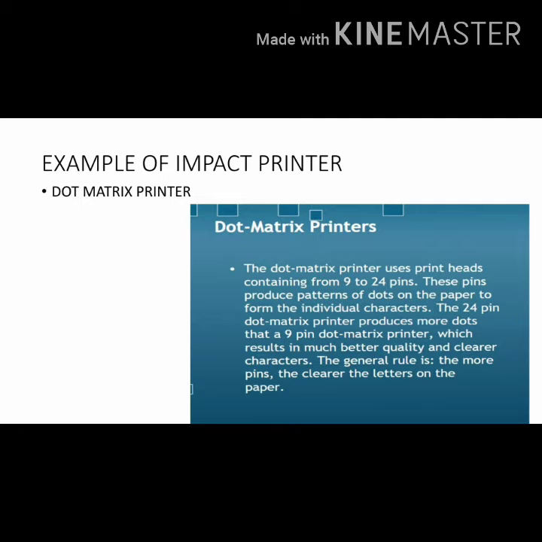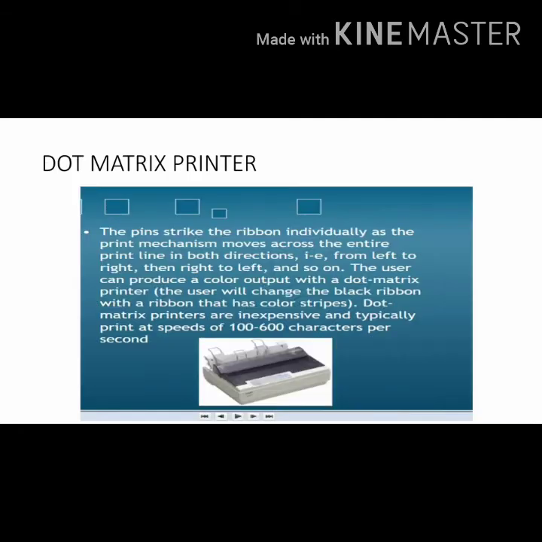The user will change the black ribbon with a ribbon that has color strips. Dot matrix printers are inexpensive and typically print at speeds of 100 to 600 characters per second. One figure of a dot matrix printer is also given here.